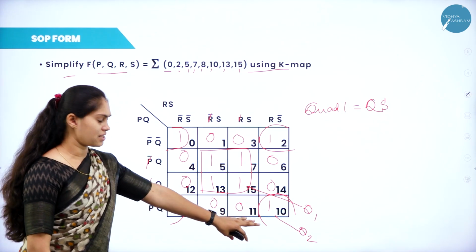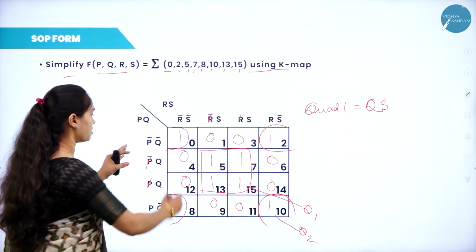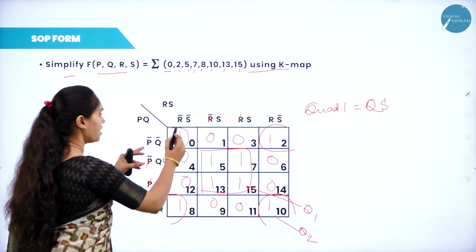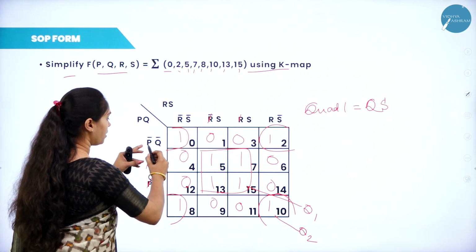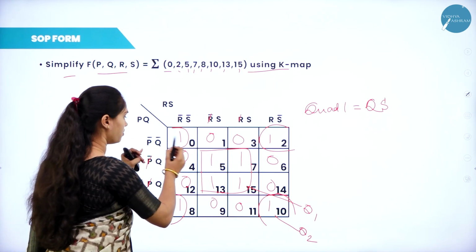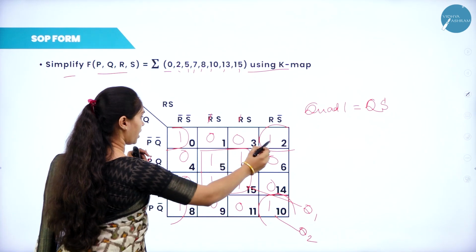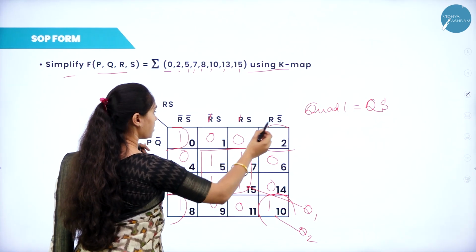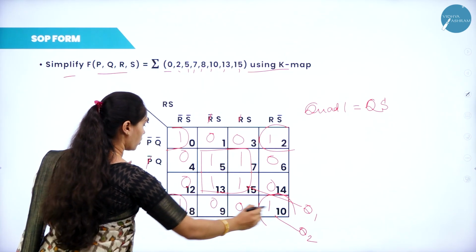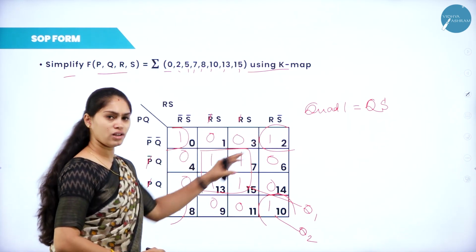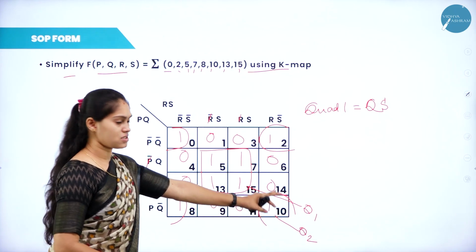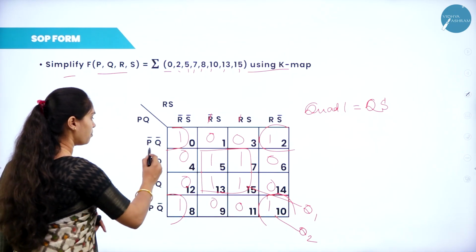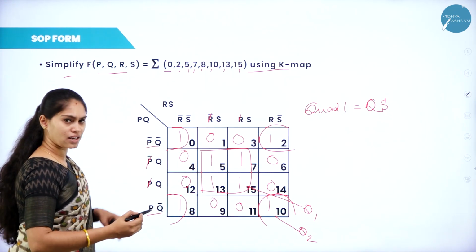Then next let me consider this quad 2, that is this row P bar Q bar and RS. So P bar Q bar will be the row which will be common for these 2 variables. Along with that, if I consider a column R bar S bar, then RS bar, that will going to be same for all the 4 corners of a column. So then if I consider a row P bar Q bar, then PQ bar for a row.